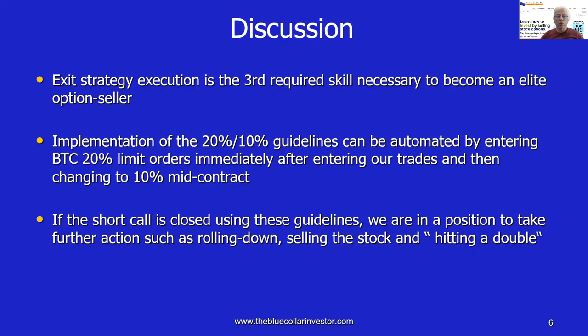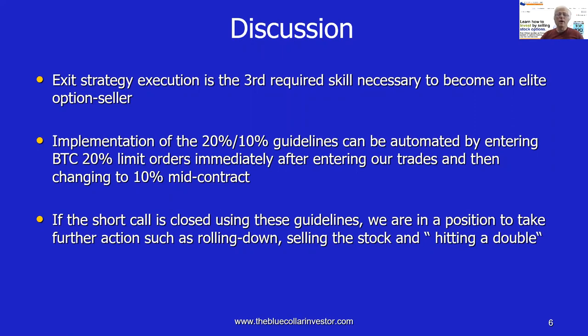Now, if the short call is closed from these buy to close limit orders, we're in a position to take additional action. What are we going to do? Well, we could roll down, we could sell the stock, close the entire position, or we could wait and look to hit a double, which means if the price of the stock recovers, we can then resell the very same option twice in the same contract month.